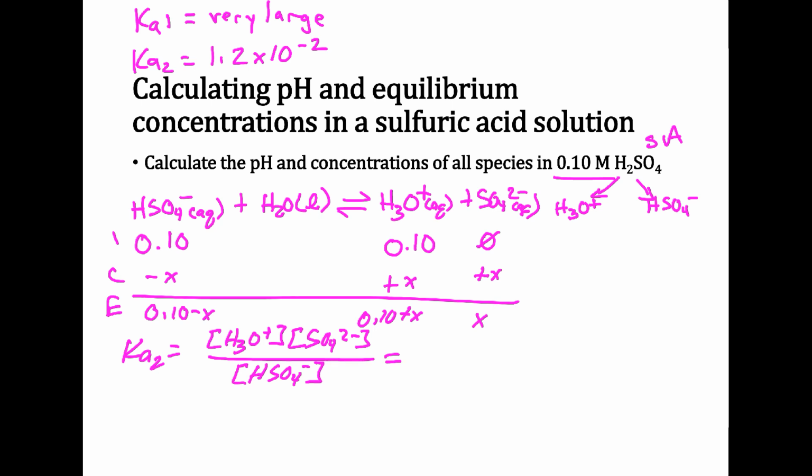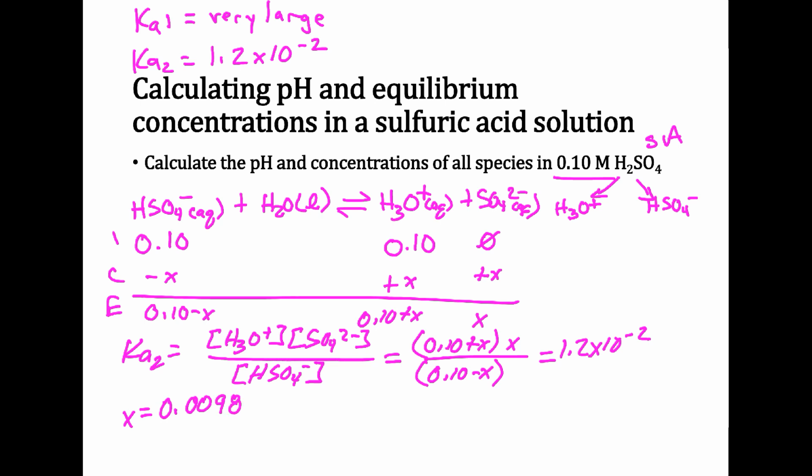So whenever we plug in our equilibrium values, we'll have 0.10 plus x times x divided by 0.10 minus x. Again, order of operations are crucial here. And this is equal to Ka2, which was 1.2 times 10 to the negative second. So when we solve for this, we'll find out that x is equal to 0.0098 molar. So this is our concentration of SO4 2 minus.